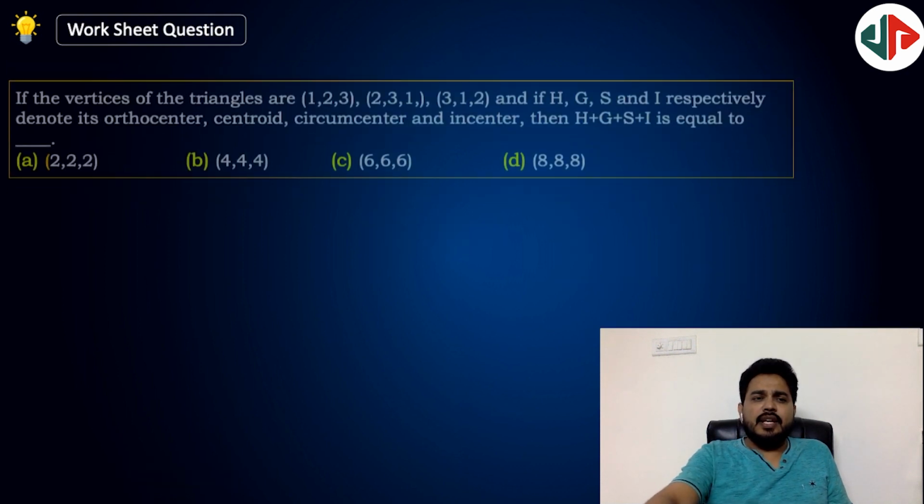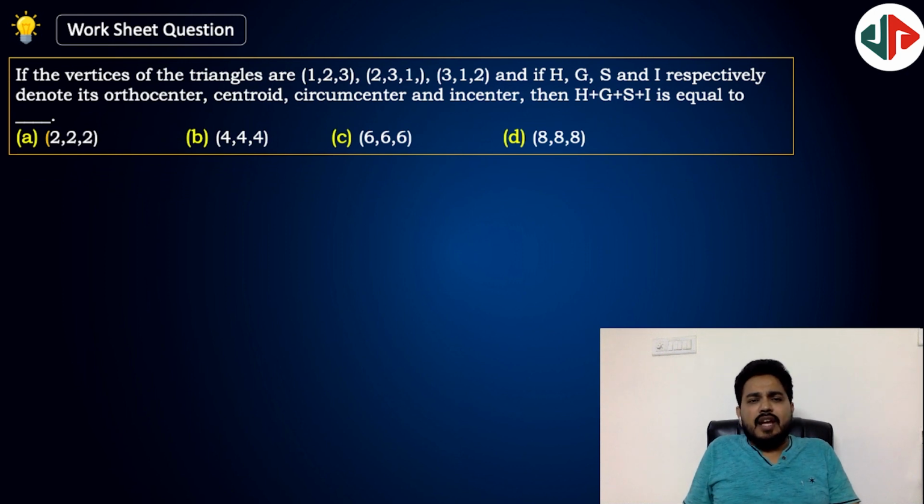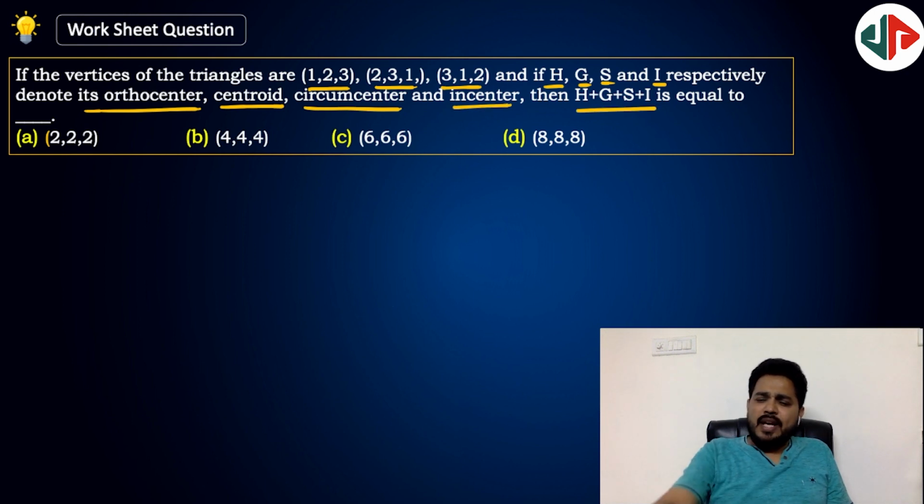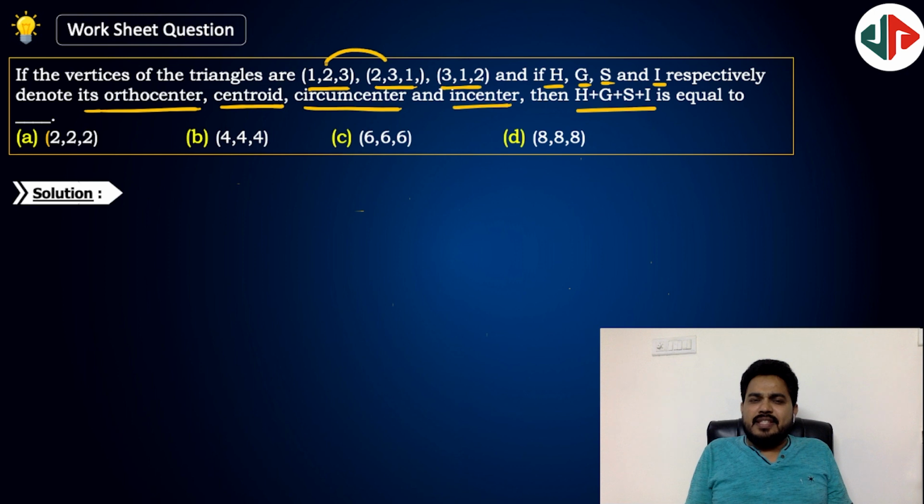The next question is, if the vertices of the triangle are (1,2,3), (2,3,1), (3,1,2), and H, G, S, I are respectively the orthocenter, centroid, circumcenter, incenter. If you look at this one, you take this distance or this distance, all are the same.